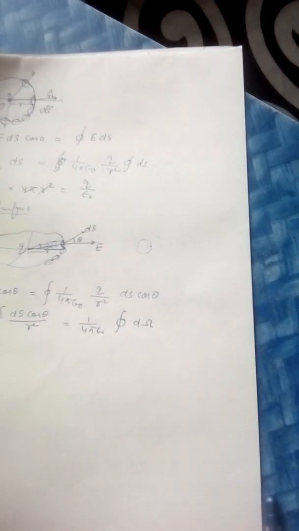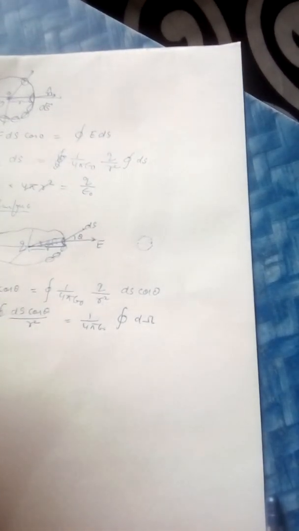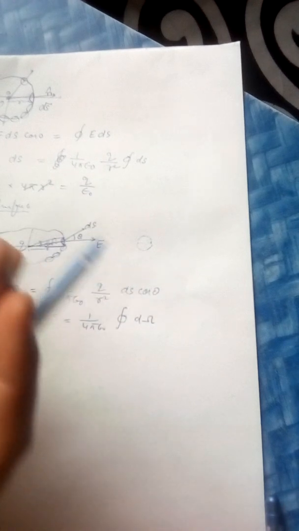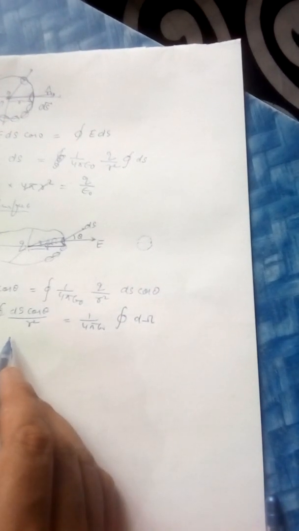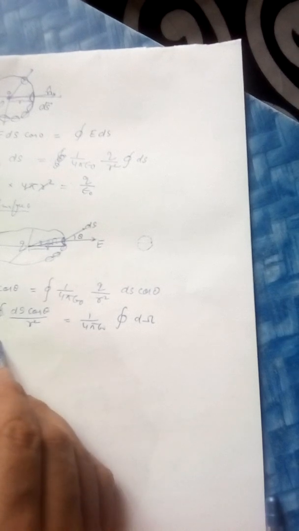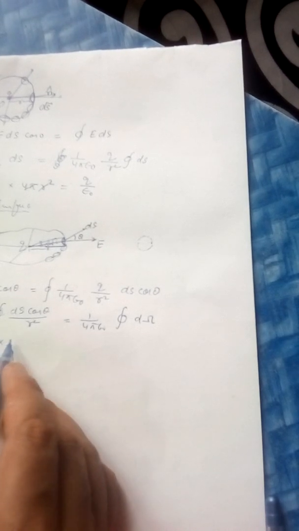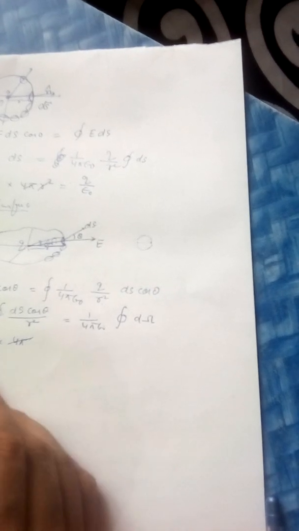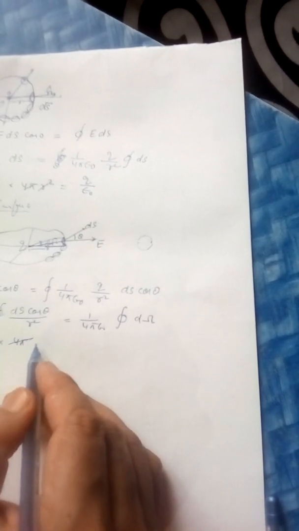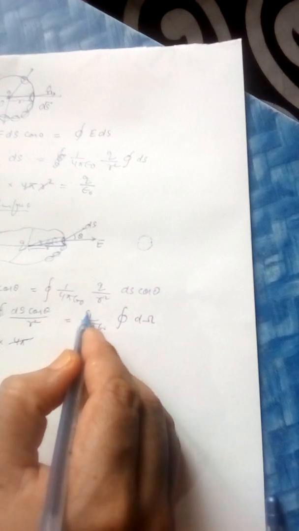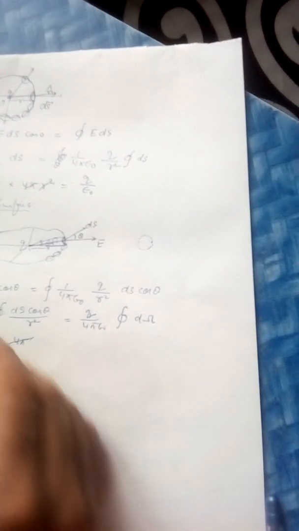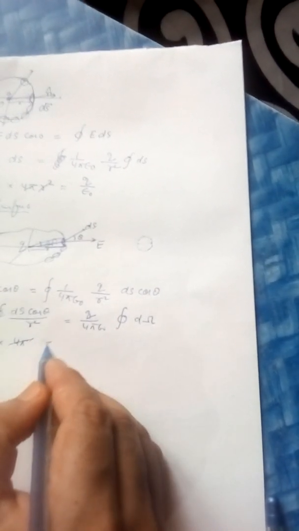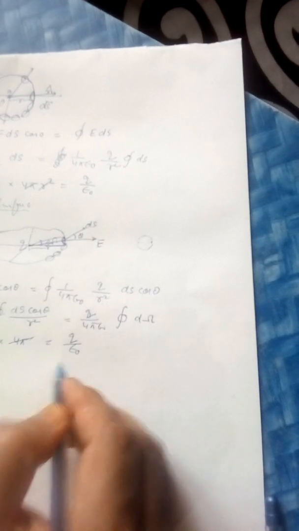But solid angle is for a surface. So you can imagine the total angle enclosed by the surface is equal to 4 pi. So 4 pi cancels out. So q is left here. So it will be q by epsilon naught.